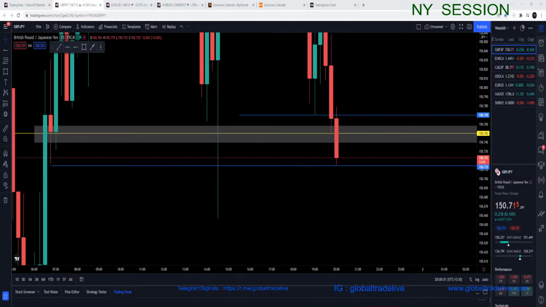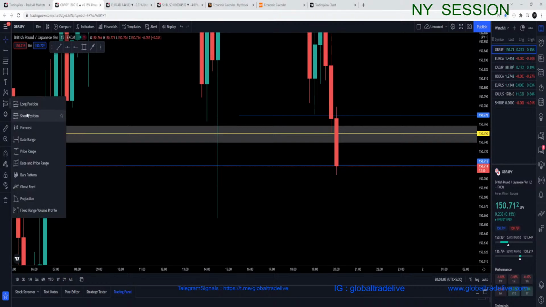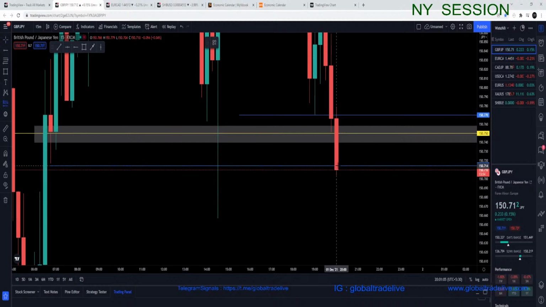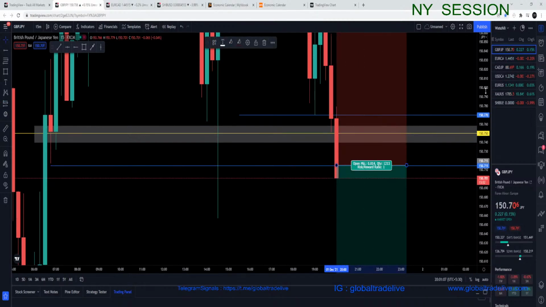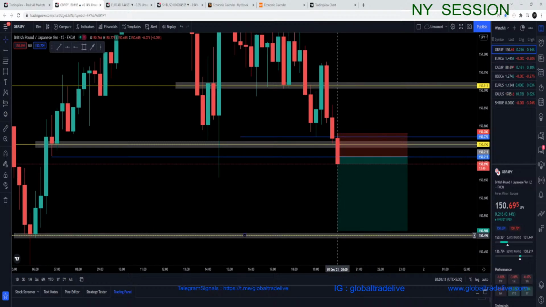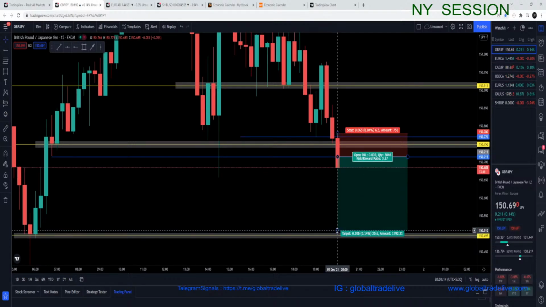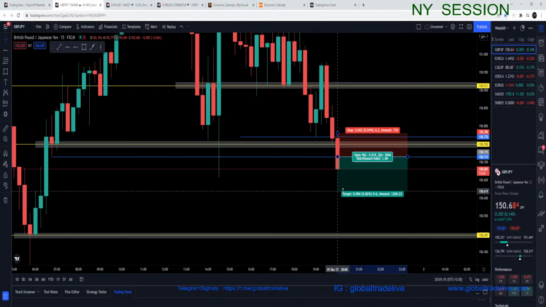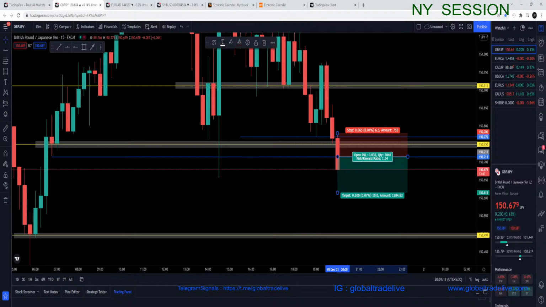Just took a sell at this point. So took a sell trade over here exactly at this point. Kept stop loss above the current candle's high, and take profit at 10 pips.